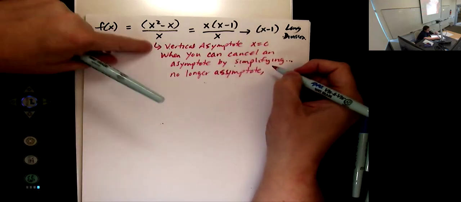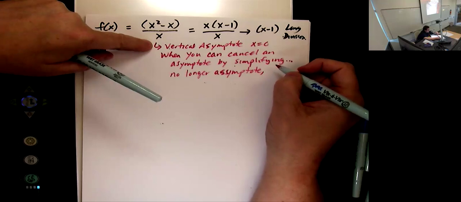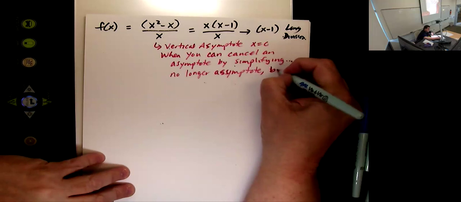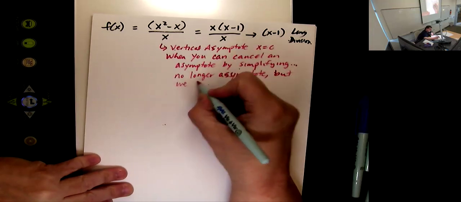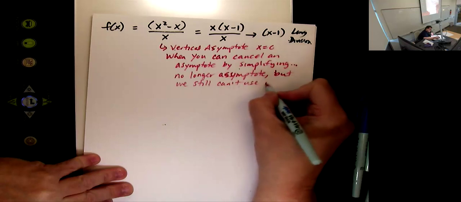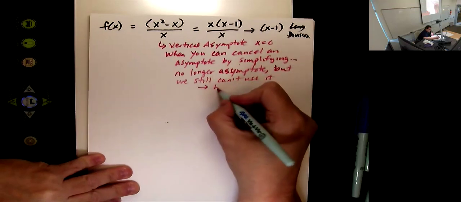But we still can't use that value, which makes a hole in the graph.